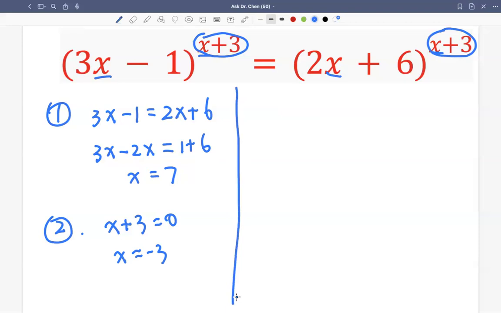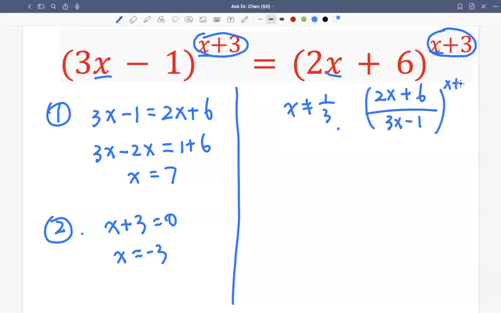Another way of thinking about this is we can divide both sides. They won't be 0 at the same time. So if x does not equal 1/3, then we can divide both sides to get 3x minus 1 raised to x plus 3 equals 1.